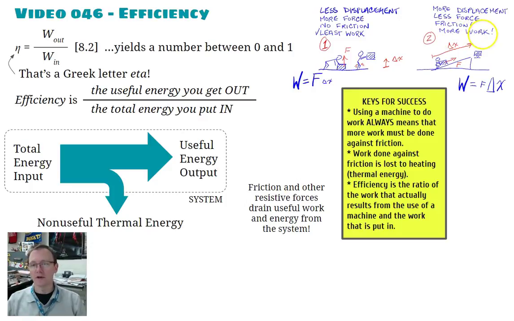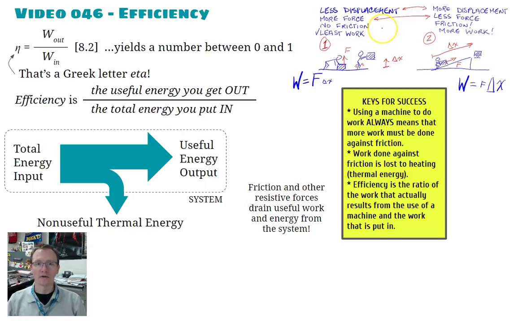And so as a result, it ends up being more work overall. This is what we call a trade-off. And you can see the trade-off here is you are trading displacement for force, right?